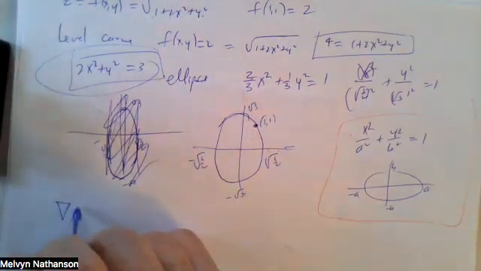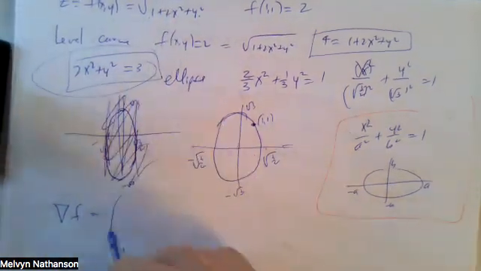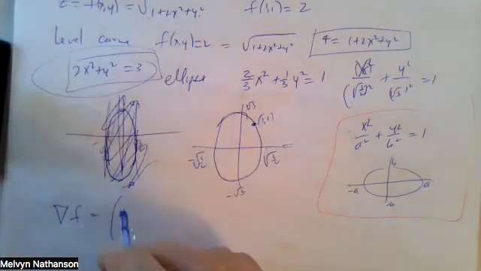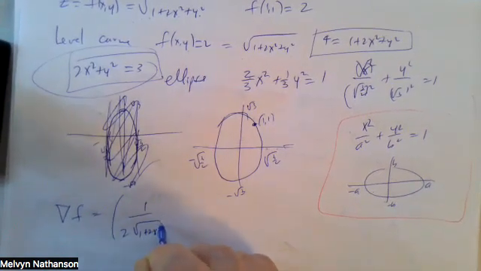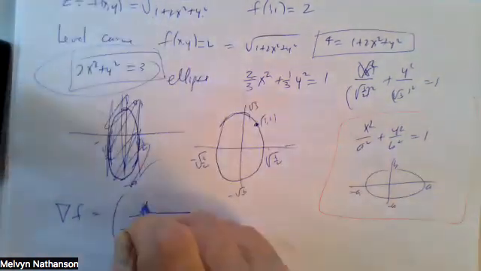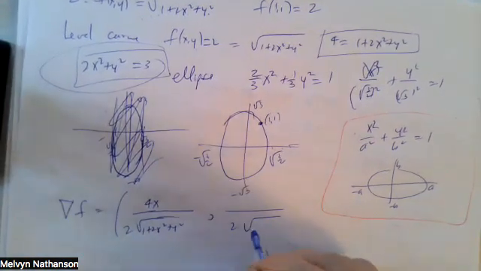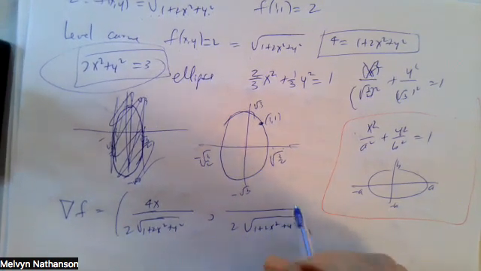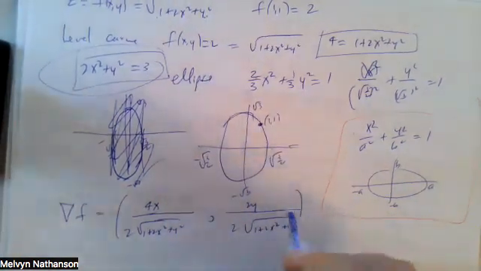So the gradient of f, this is f. When I differentiate this with respect to x, I have to remember calculus. This is 1 over 2 times the square root of 1 plus 2x squared plus y squared times the derivative of this with respect to x, which is 4x, comma 1 over 2 times the square root of 1 plus 2x squared plus y squared times the derivative of this with respect to y, which is 2y.